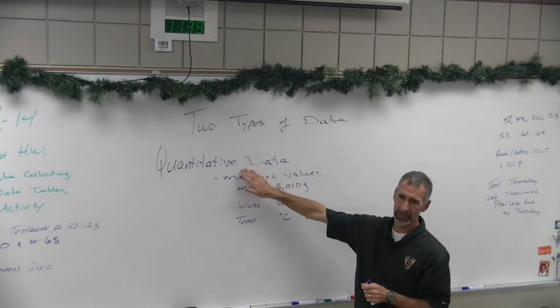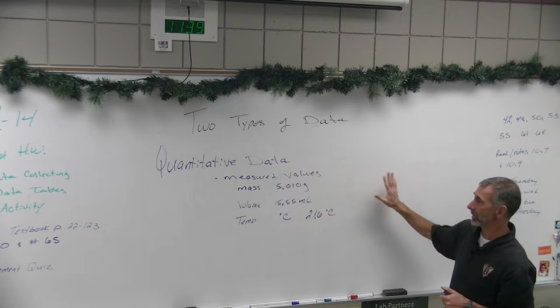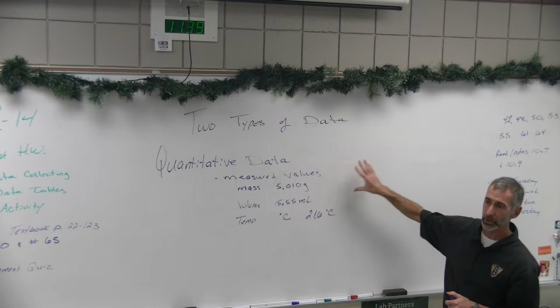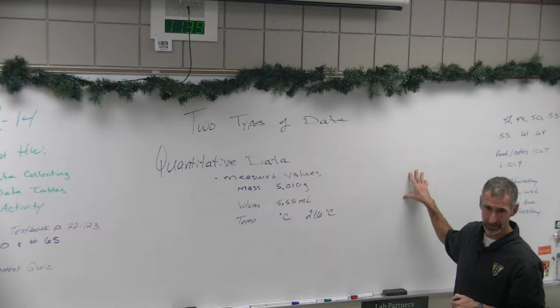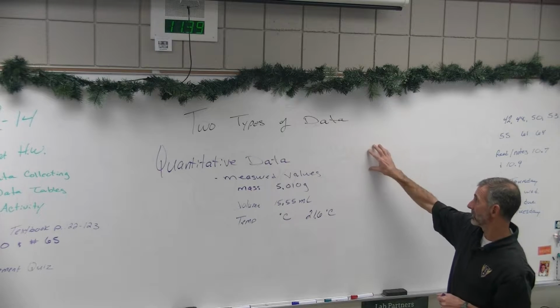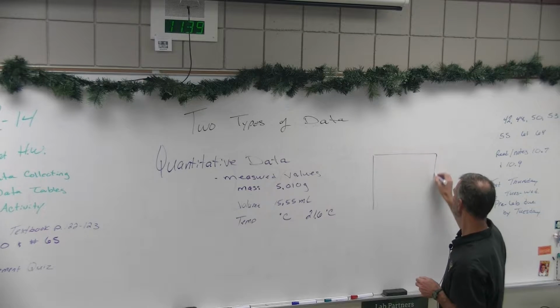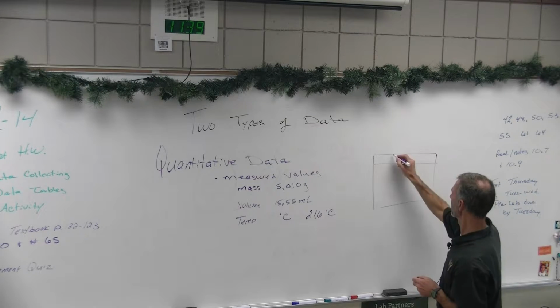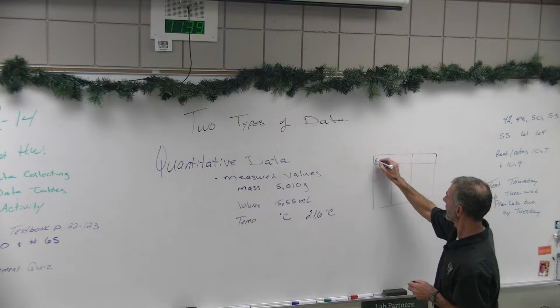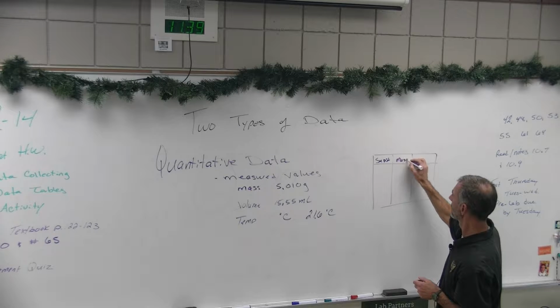It's called quantitative data. Now your data should be in a data table. So anything that you record, you're going to organize into a table of some format. Okay, your table should make sense. Right? You have titles at the top, so maybe we have a table like this. We put substance in this column. We put mass over here.